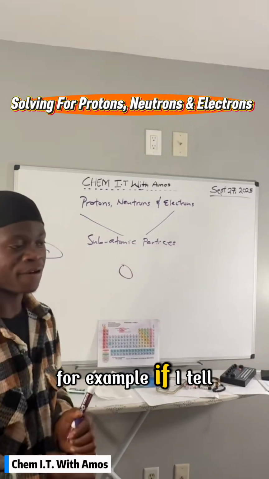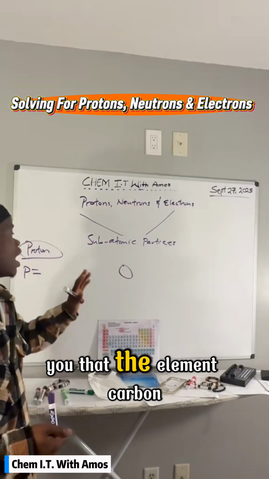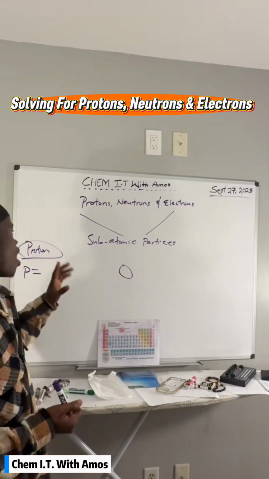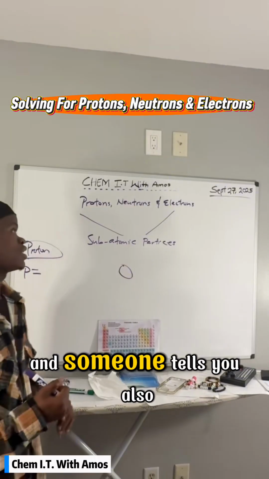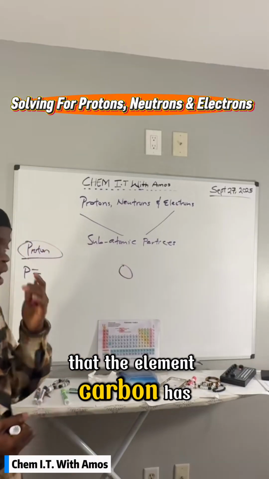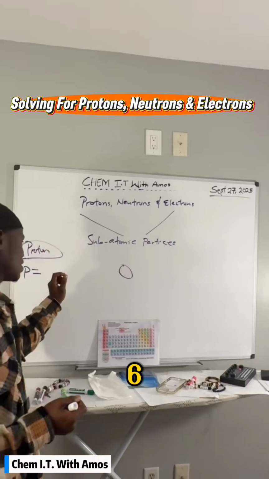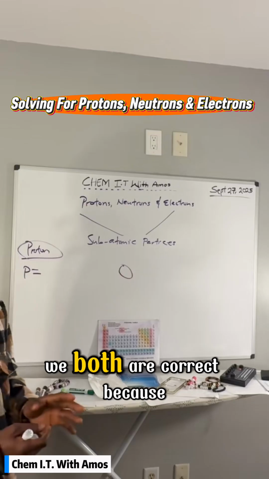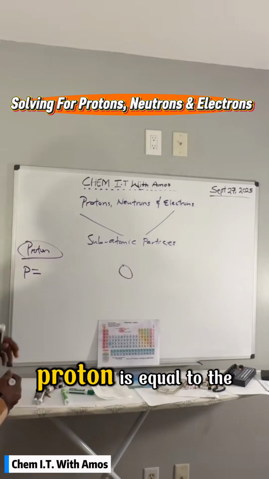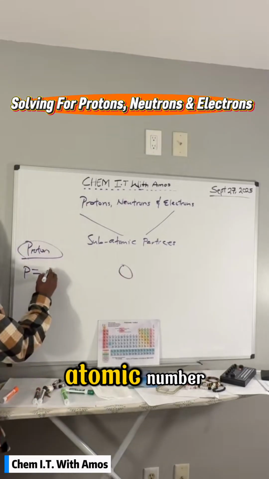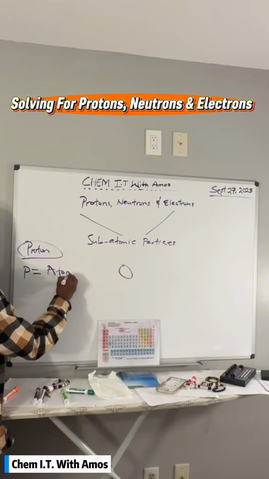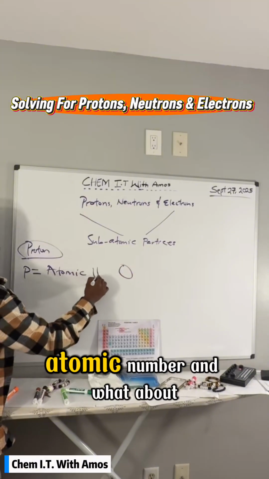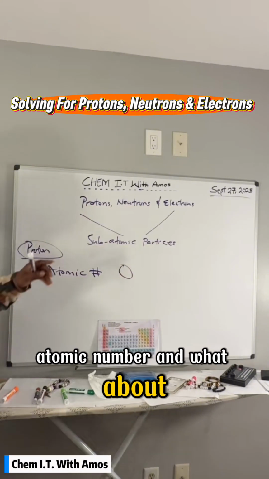For example, if I tell you that the element carbon has 6 protons, and someone tells you also that the element carbon has 6 as the atomic number, we are both correct because proton is equal to the atomic number. And what about neutron?